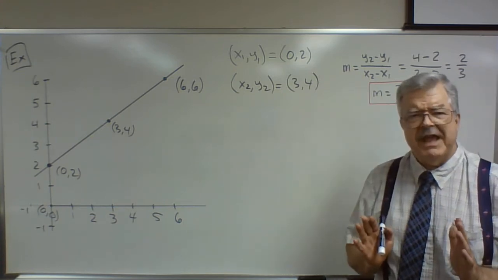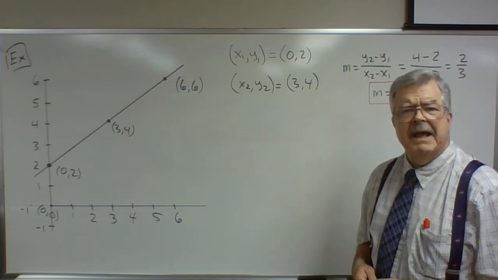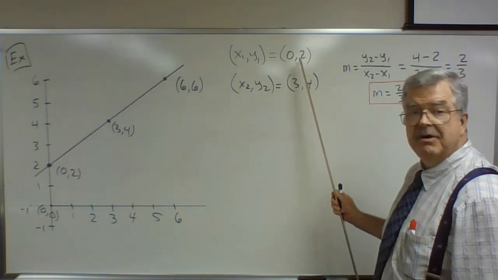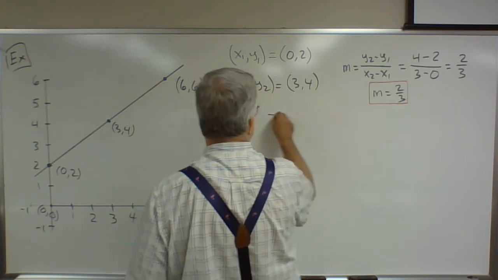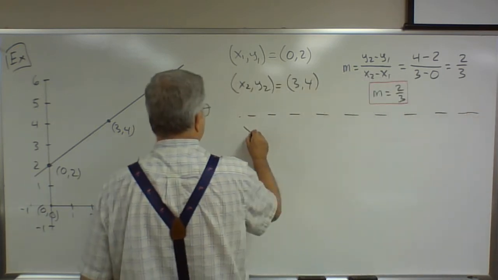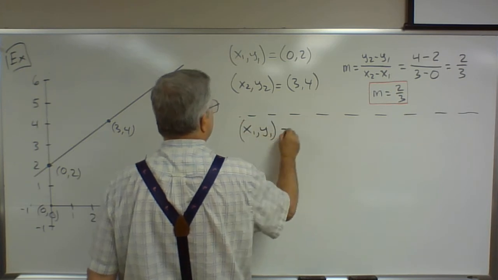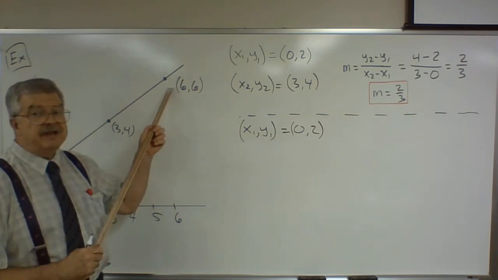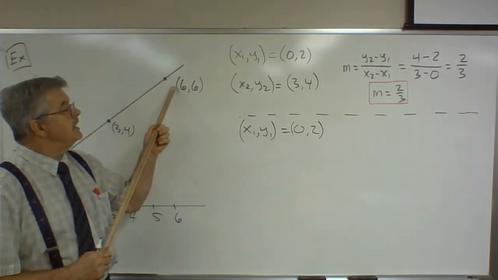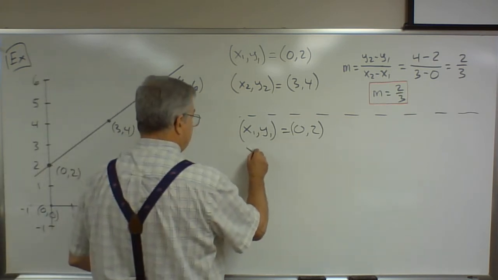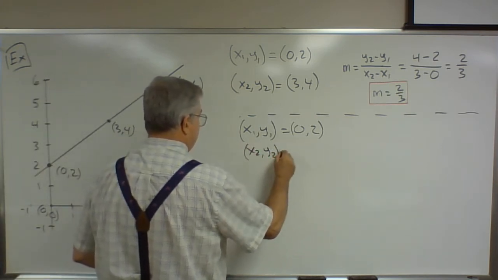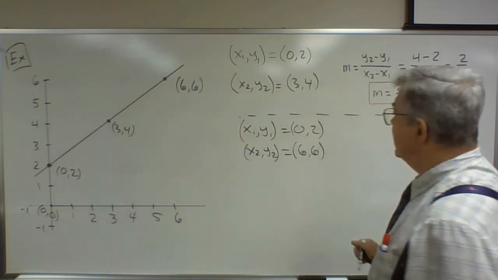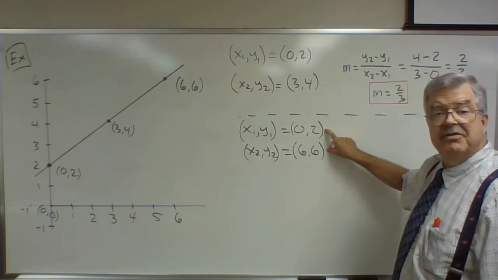But for the sake of example, let's do it again. And this time, let's have the point x1, y1 be 0, 2, and we'll let the point 6, 6 be x2, y2. And we'll compute the slope of the line using these 2 points.